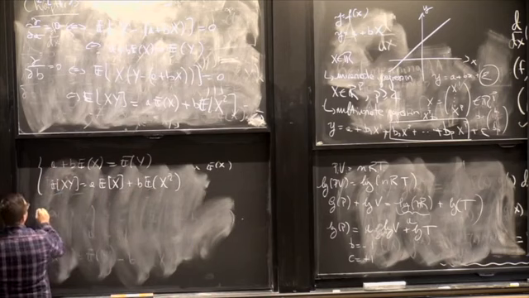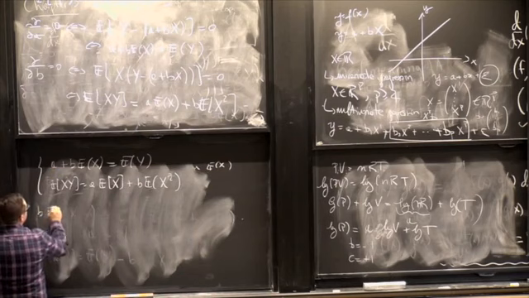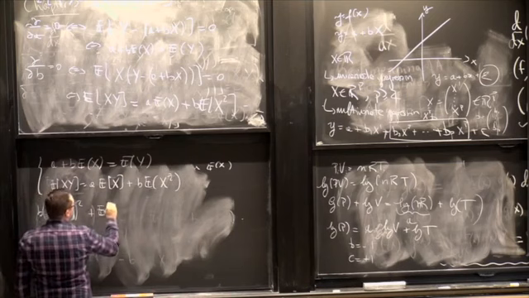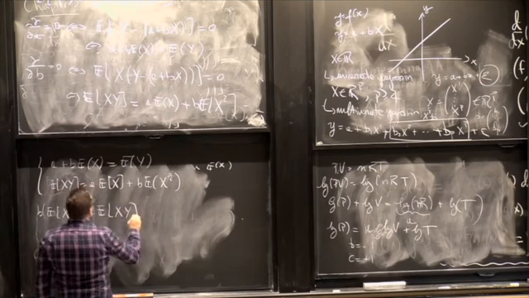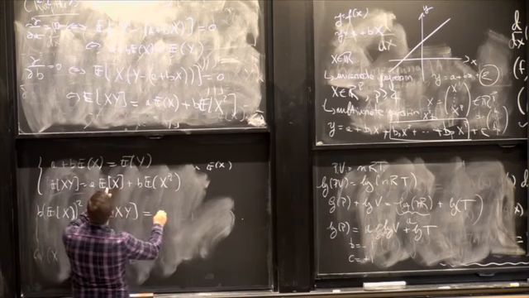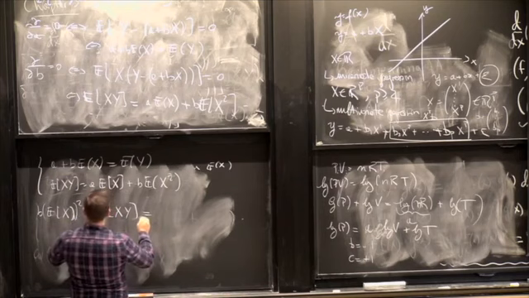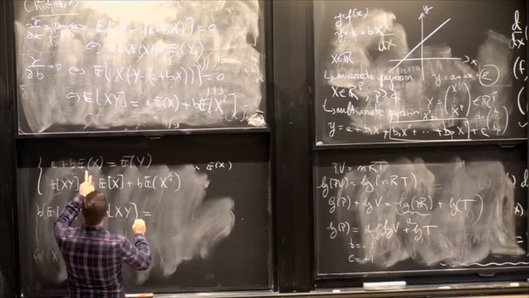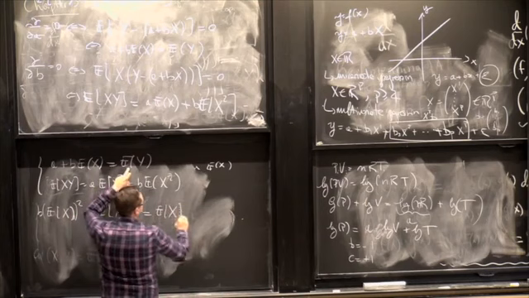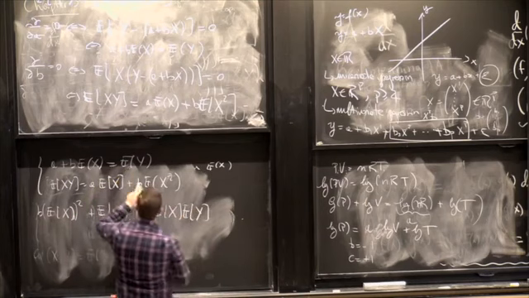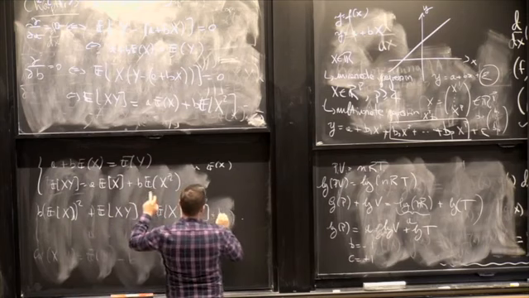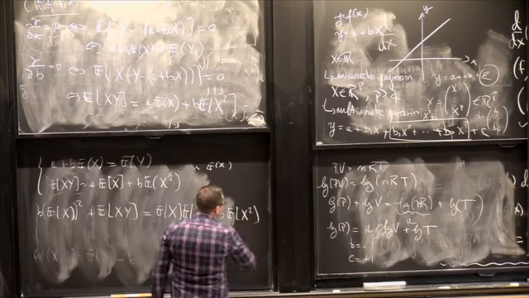Okay, so then that tells me that b times e of x squared plus the expectation of xy is equal to, so this guy is the one that canceled, then I get this guy here, expectation of x times expectation of y, plus the guy that remains here, which is b times the expectation of x squared.